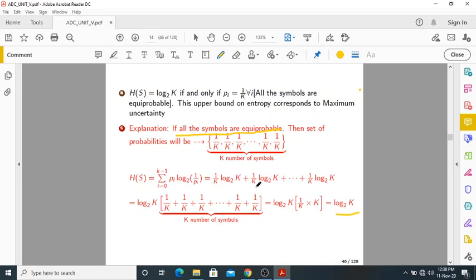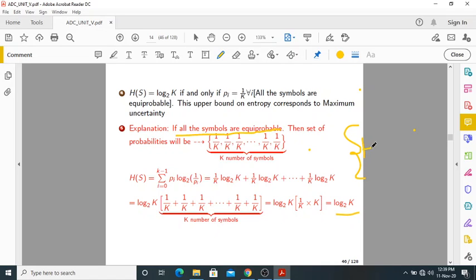Now what does this indicate? It indicates there is a maximum amount of uncertainty, a maximum amount of ambiguity. We are not sure which symbol is emitted. Take a simple example: tossing a coin.